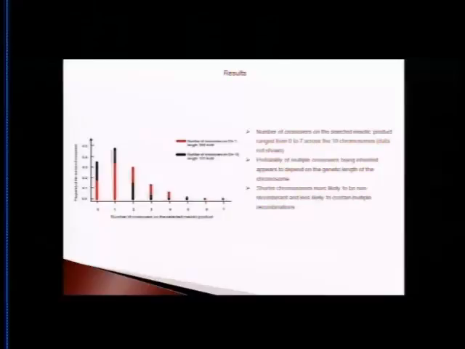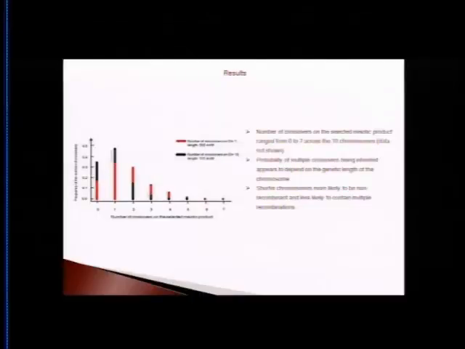I'm sorry, I interrupted. You were going to say that. But that's the crossovers per meiosis, right? Not per meiosis. This is crossovers in the selected meiotic product. That is the reason we have 0 to 7. If it were the actual number of crossovers, it would have been more than 7. Right, but this is after one generation.